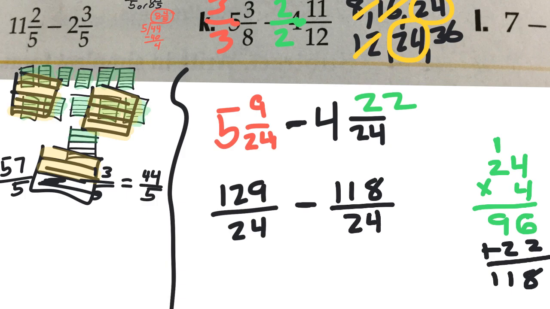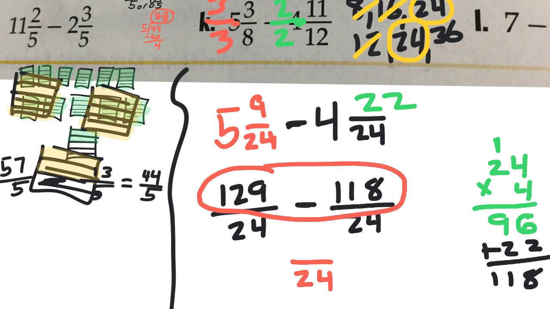Now I have a common denominator of 24. So I want to keep that, and then combine the numerators. 129 minus 118 is 11. If you need to stack that, you can, right? 129 minus 118. 9 minus 8 is 1. 2 minus 1 is 1. 1 minus 1 is 0.